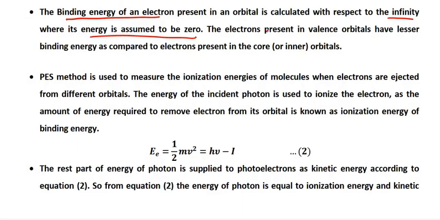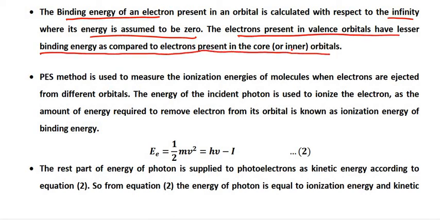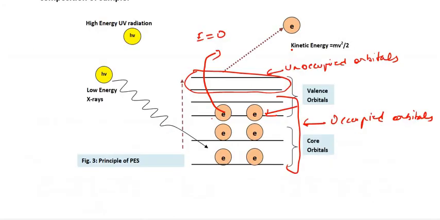Also, the electrons present in valence orbitals have lesser binding energy as compared to electrons present in core orbitals. As we see in this figure, lesser energy is required to remove an electron from a valence orbital, whereas more energy is required to remove an electron from inner orbitals.